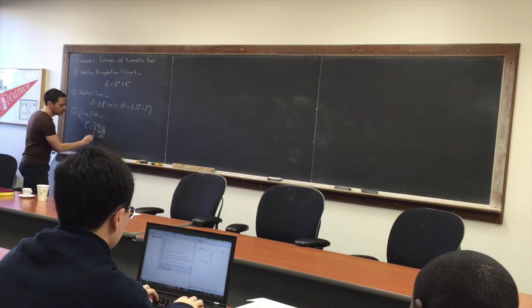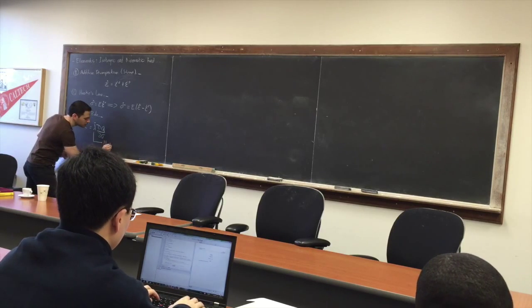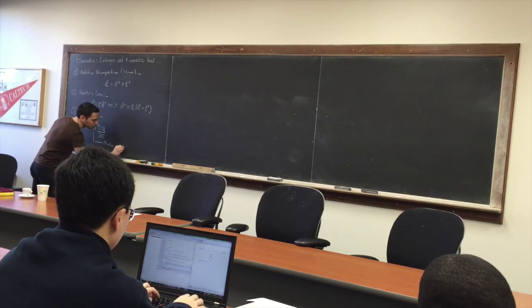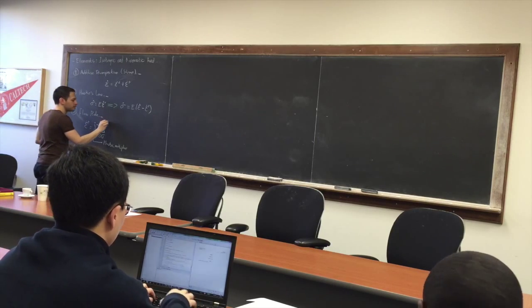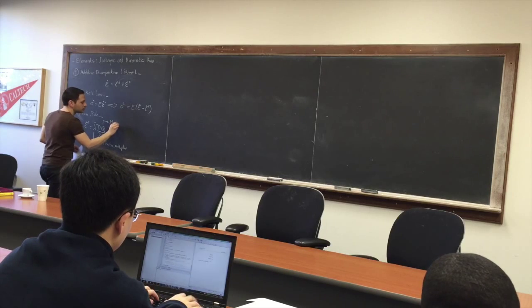Lambda dot is called the plastic multiplier, and this Q is called the plastic potential.